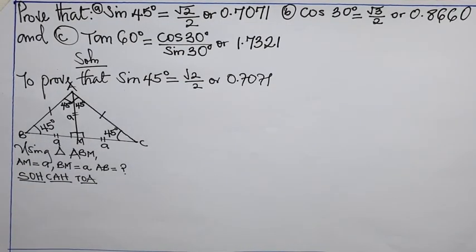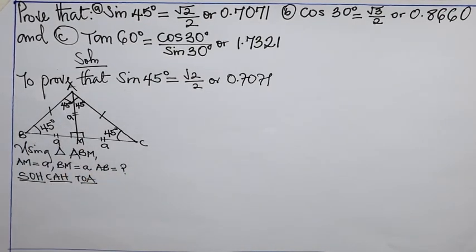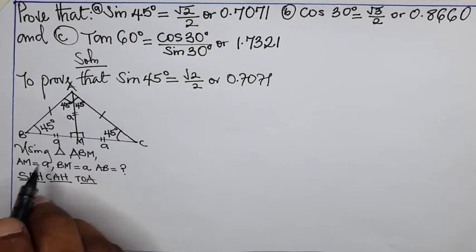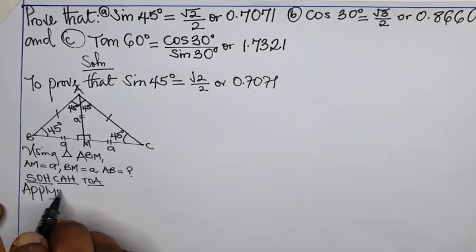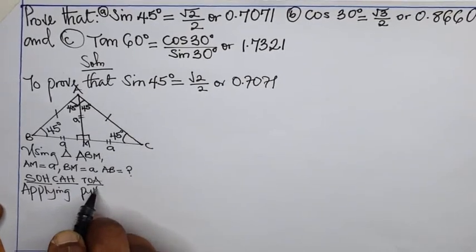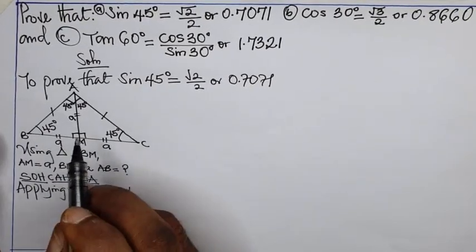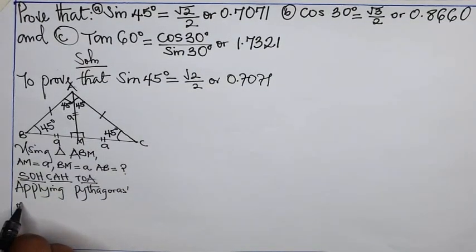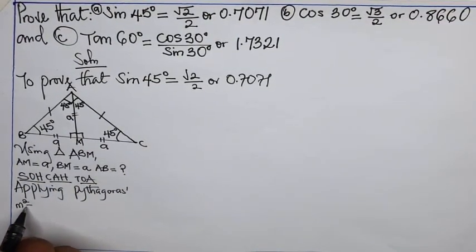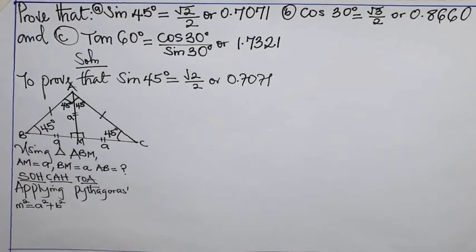In that case, for us to be able to apply SOHCAHTOA first, take note that because it is a right angle triangle, we can apply the Pythagoras rule first. So applying Pythagoras rule, for us to find this part, which is AB squared, we are going to say that AB squared is equal to a squared plus b squared to find that length, isn't it?